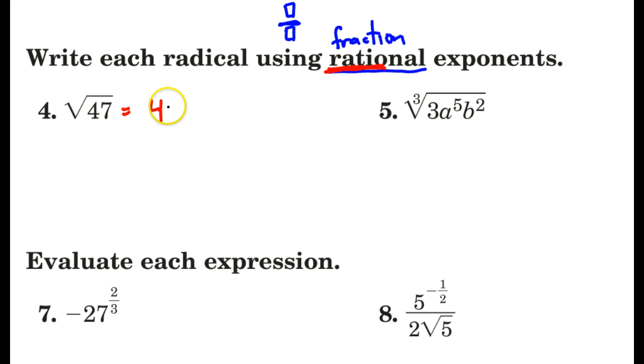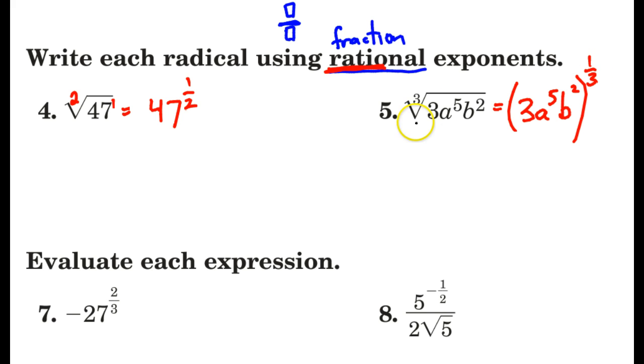So this would be 47 to the, that's 47 to the first. And remember, there's no number here, it's automatically a square root. So that's the same thing there. And if we throw in variables, all this is raised to the 1/3.